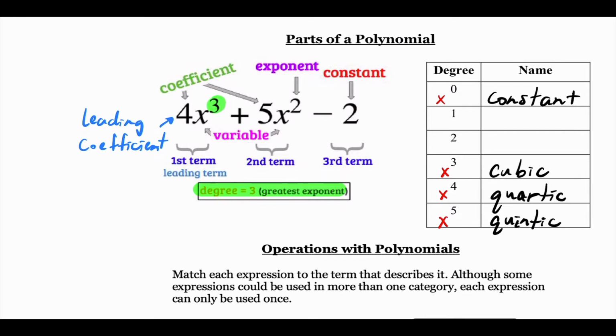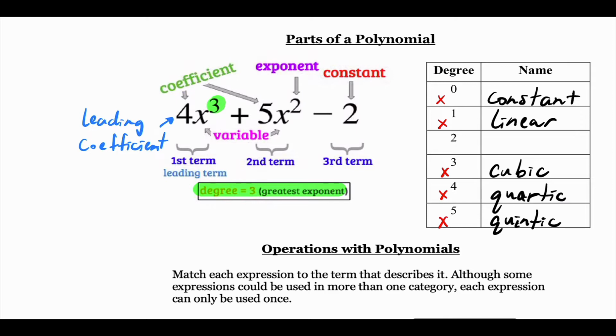Okay, so next one. X to the first power is called linear. That was our first chapter. Our first chapter dealt with constants and linear. We took a quiz on it back in August.